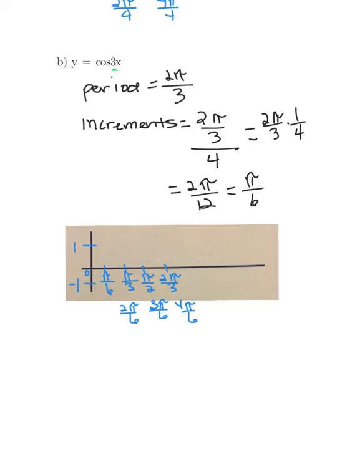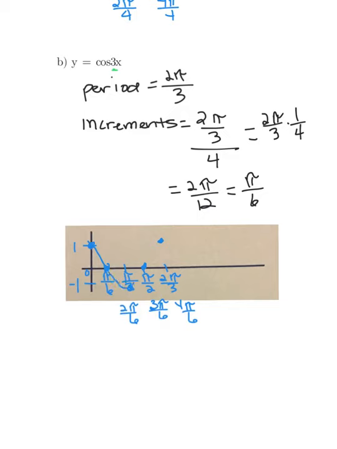This will always be the case. In order to create 4 equal parts, you must have 5 total labels. Remember which function we are doing. We are doing the cosine function. The cosine function starts up. So we're going to start up at 1 and then go to 0, down to -1, back to 0, back up to 1.